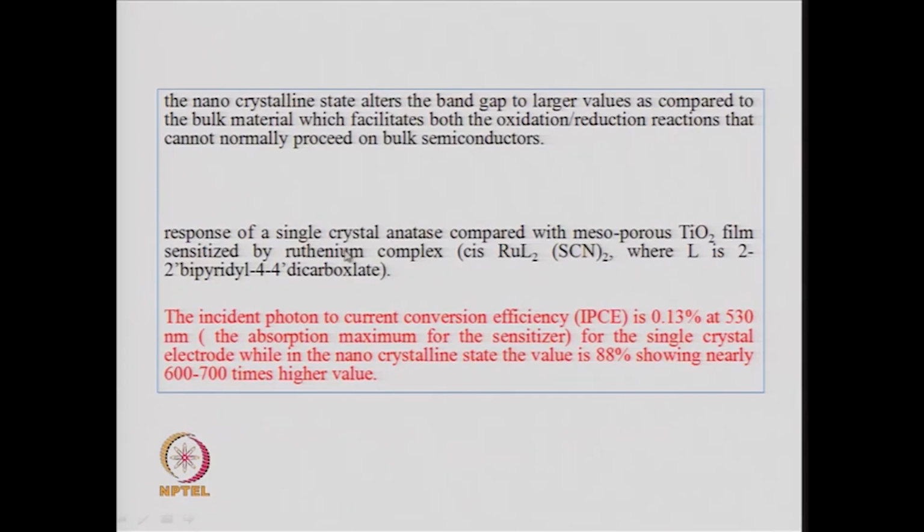So, this dye is actually like a sensitizer. The single crystal anatase and the mesoporous TiO2 film are doped with this dye, this ruthenium complex. This dye absorbs this radiation at 530 nanometers and helps in the oxidation reduction reactions of the semiconductor.